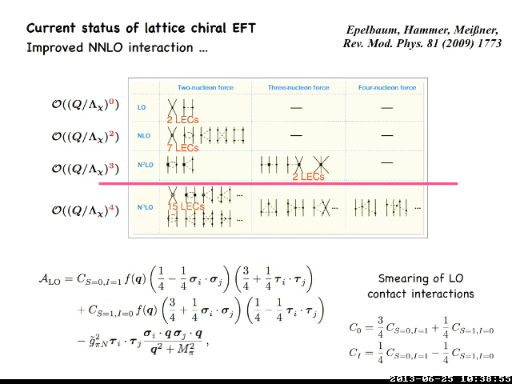So at leading order, right, there are two of these low energy constants that we have to determine, right? So there's the one pion exchange, and then there are two contact interactions, right? And then at next to leading order, there are more contact interactions and various two pion exchange contributions, right?